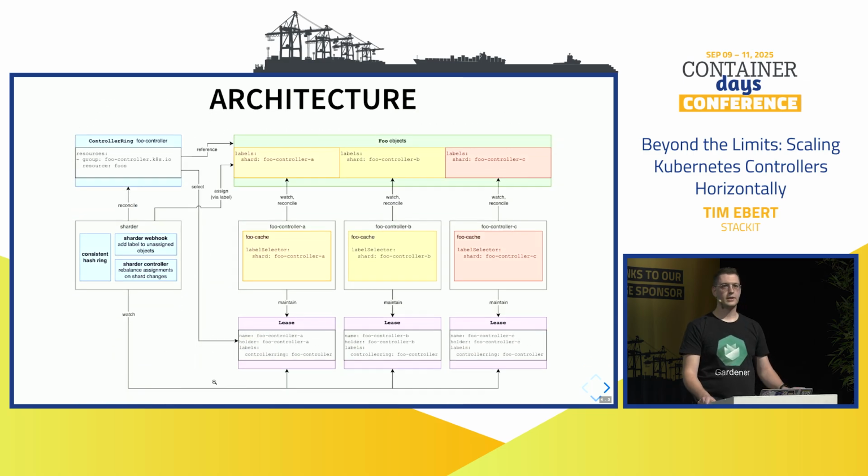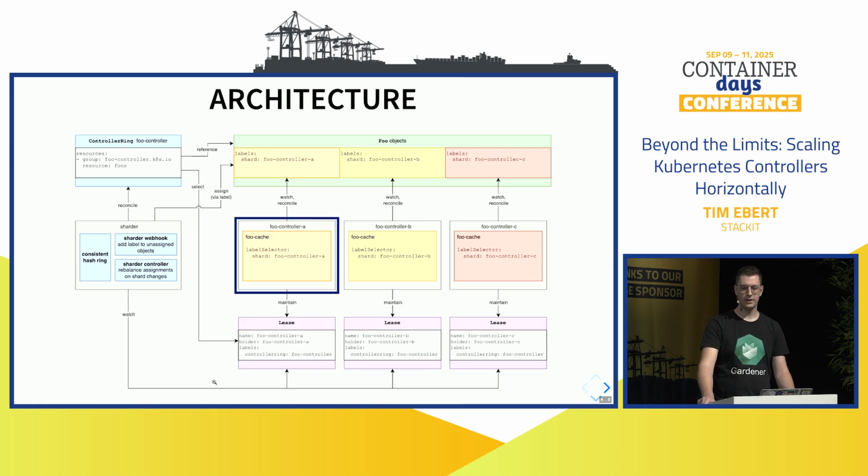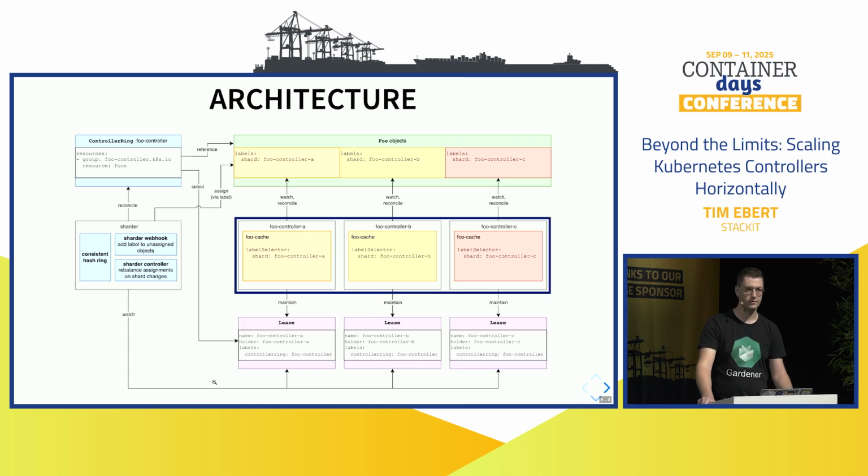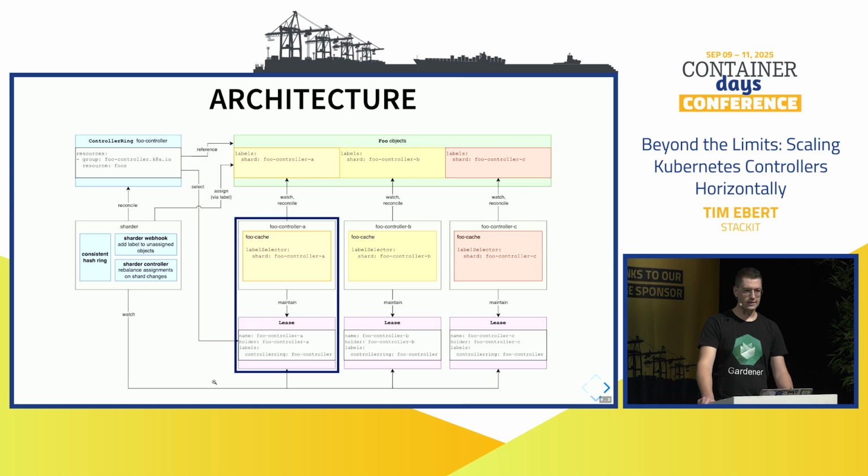So let me walk you through the architecture of Kubernetes controller sharding. At the heart of it, we have a controller, but this time we don't only have one controller, we have 3 instances. Every instance creates its individual lease object so that we know which instances are available for assignments.